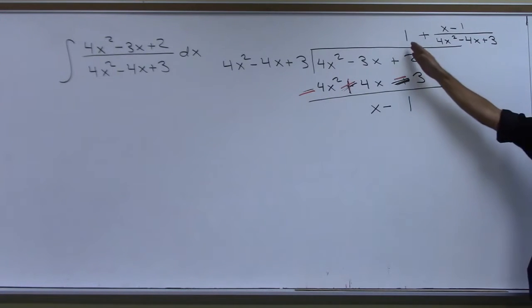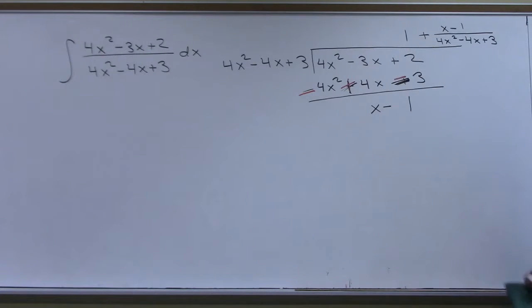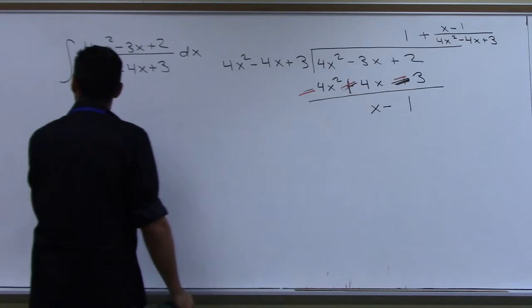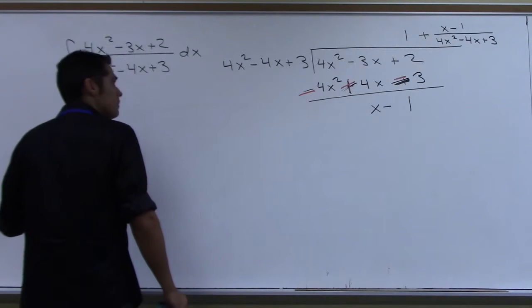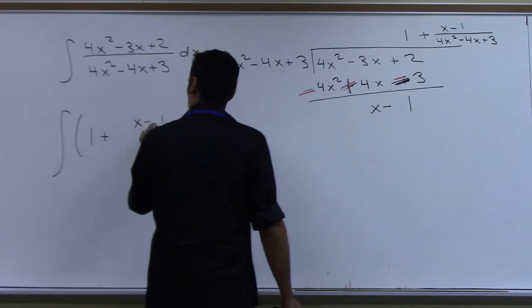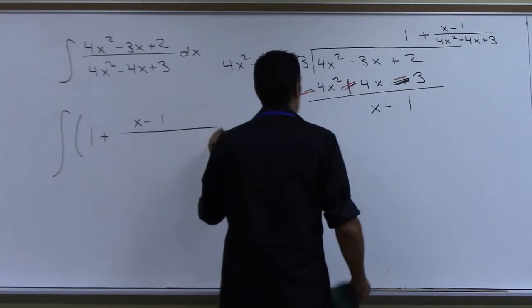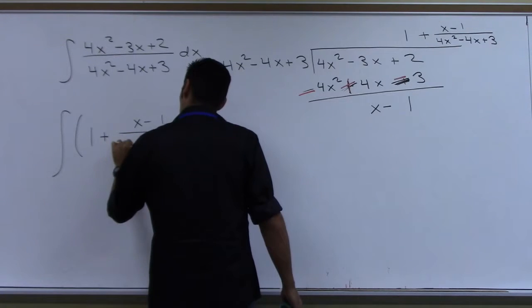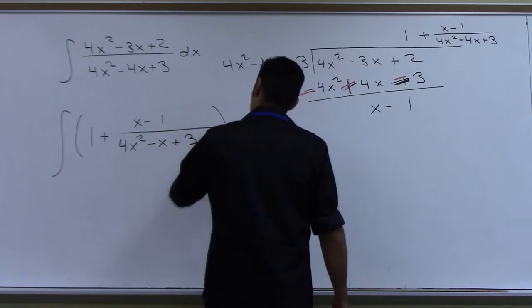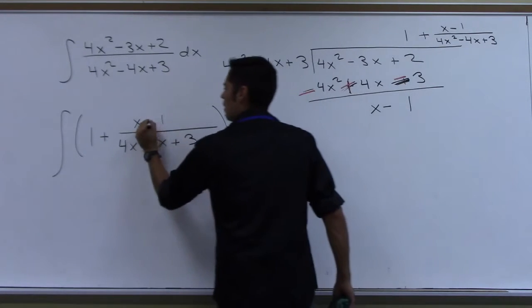One piece of it I'll be able to integrate pretty easily, right? The other, I'm going to have to take a look at. So my new integral is 1 plus x minus 1 over 4x squared minus 4x plus 3 dx.